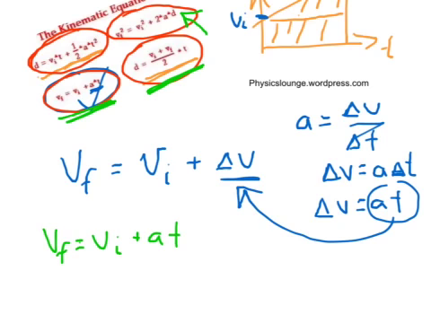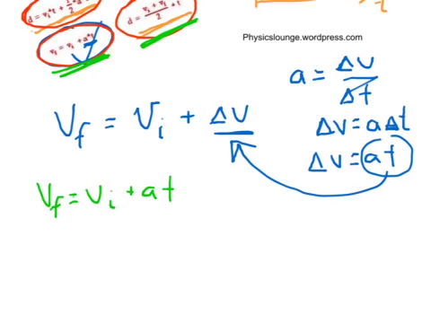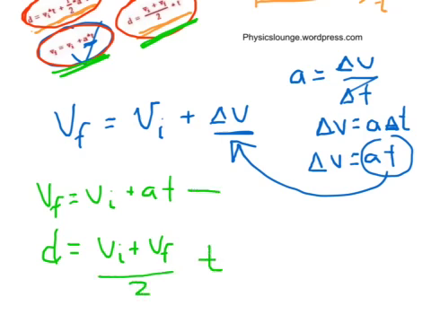The second equation is d equals Vi plus Vf divided by 2 times the time. So I'm going to rearrange this equation for time and substitute it into this equation.